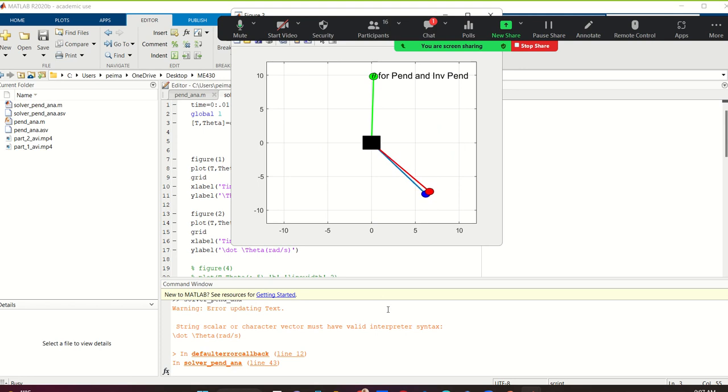Why is it not moving? Interesting, right?